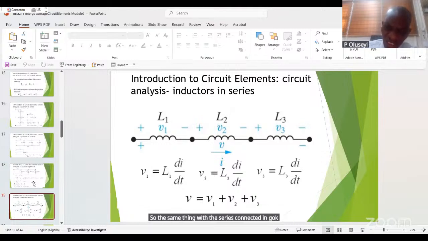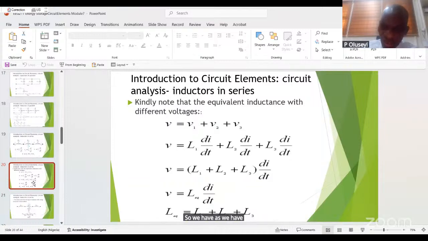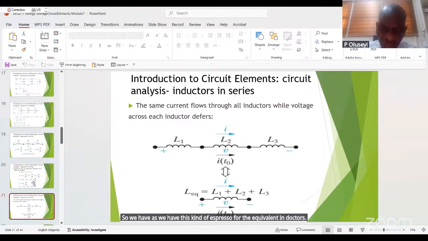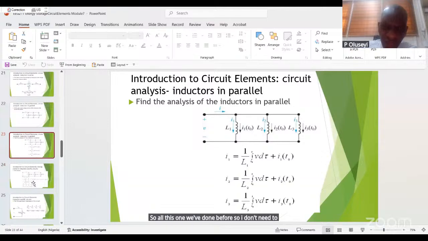You can see how the voltages are handled. So we have as well this kind of expression for the equivalent inductance. All this we've done before, so I don't need to take too much time there.